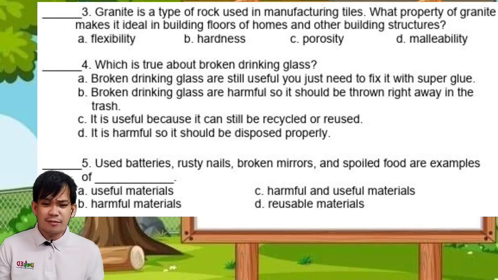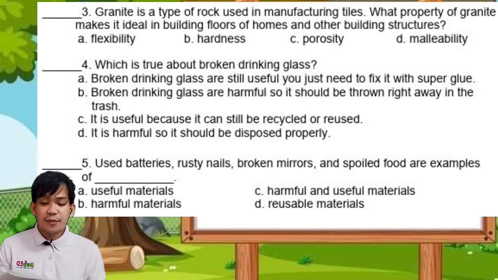Is it correct? Dikitan mo lang ng super glue. B, broken drinking glass are harmful. So it should be thrown right away in the trash. C, it is useful because it can still be recycled or reused. Can we still reuse a broken glass? D, it is harmful, so it should be disposed properly.